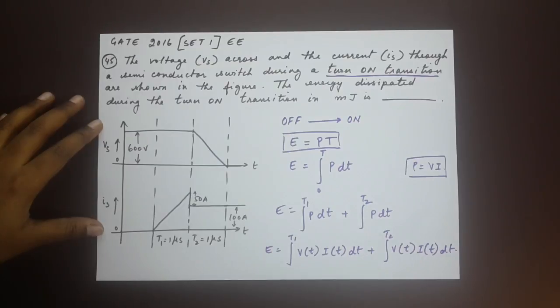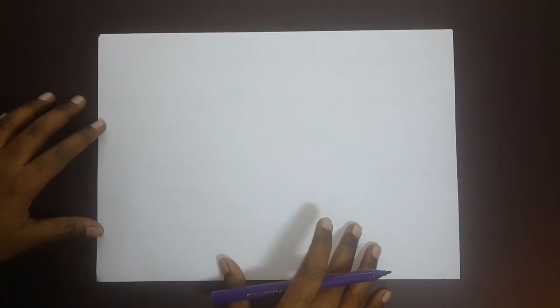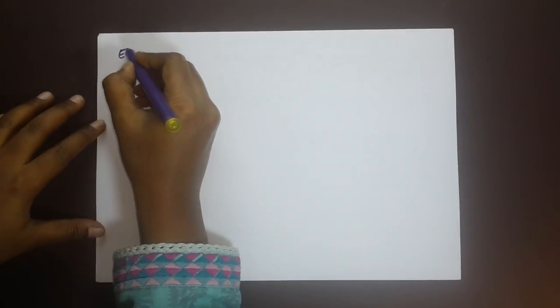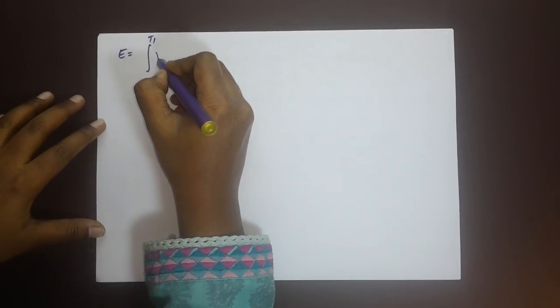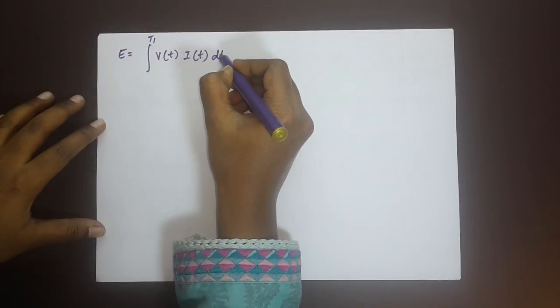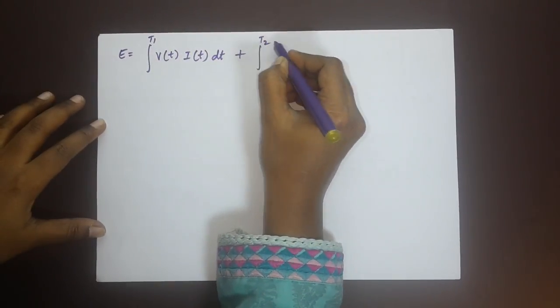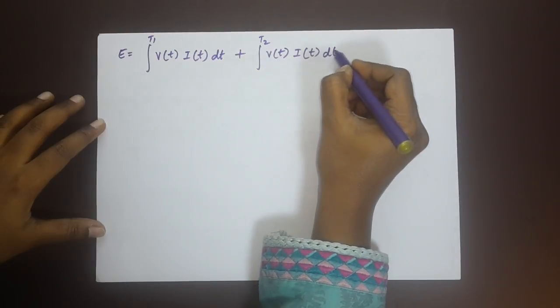Let me just grab another sheet of paper here and I'll work out the rest. Okay, so our energy equation is the integral over T1 of V of t, I of t dt plus the integral over T2 of V of t, I of t dt.